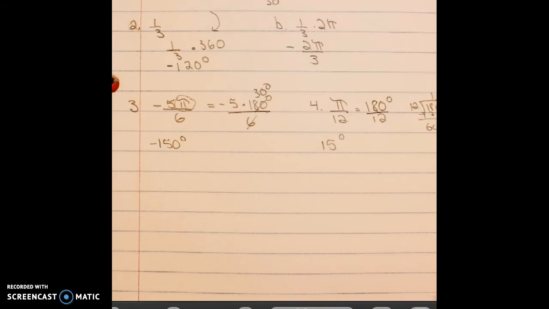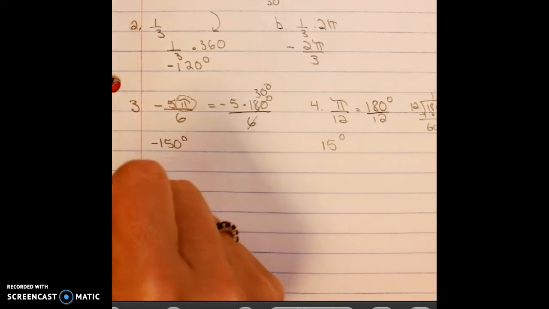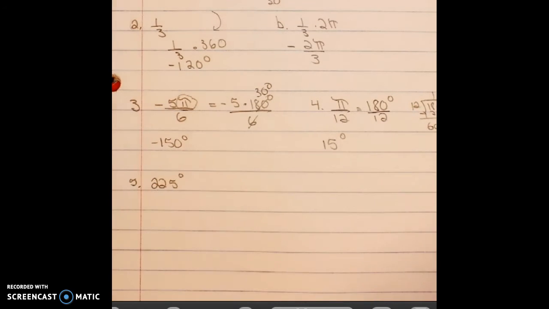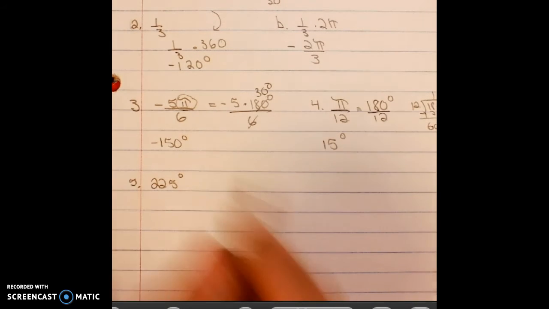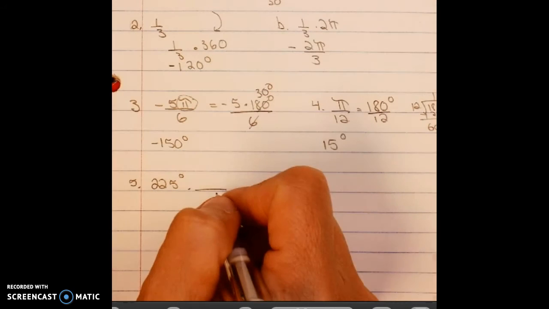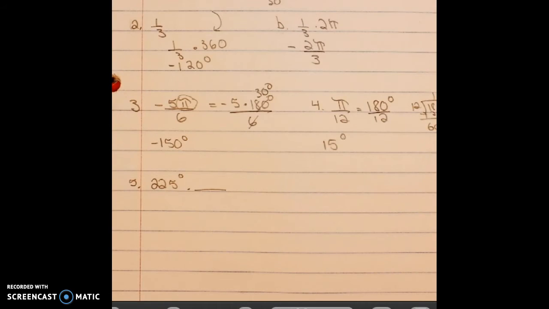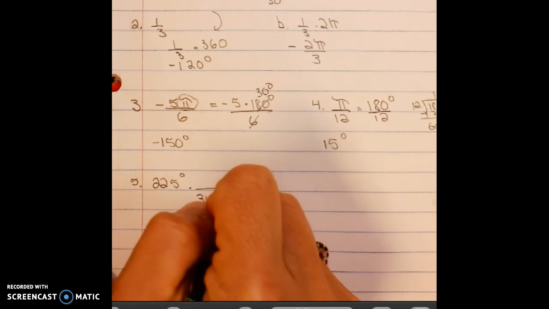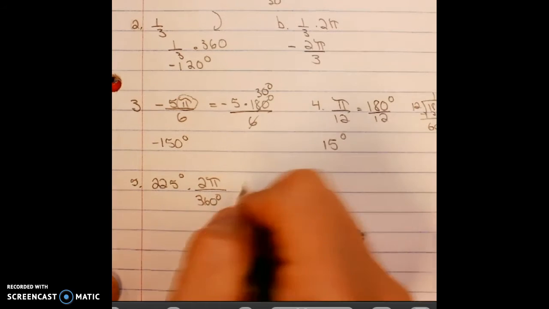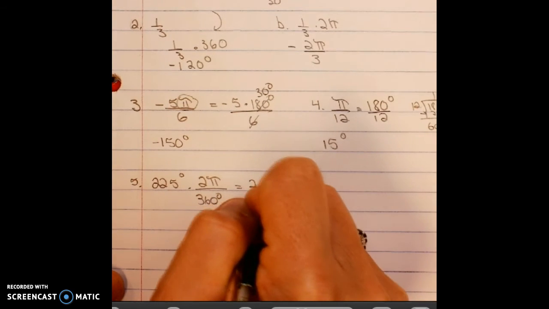Okay, moving on to number 5. In this case, we have to go to radians. So we have 225 degrees. And if you recall, you have 360 degrees and 2 pi radians. So I'm going to go ahead and multiply straight across.